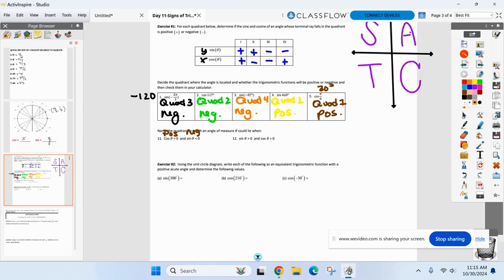Don't yell it out. I want you to think about it. What quadrant do you think? Quadrant 4. Good deal. A lot of people usually say quadrant 1, but sine's not negative there. It's positive.